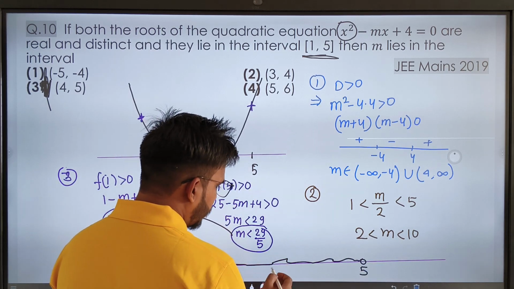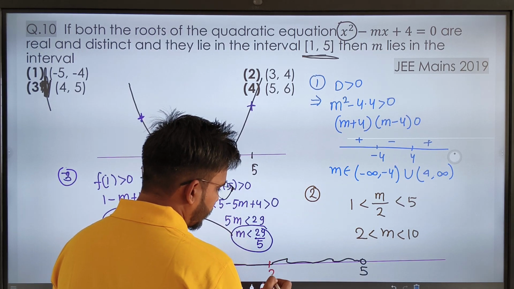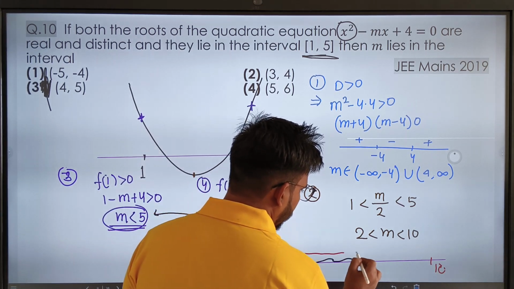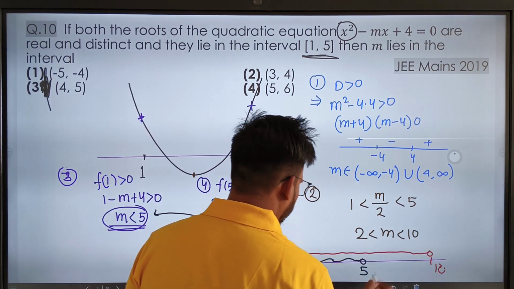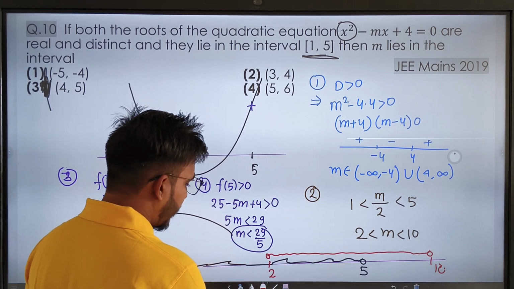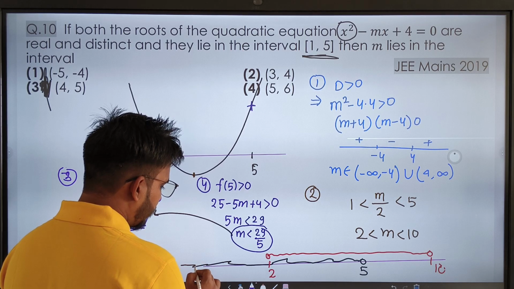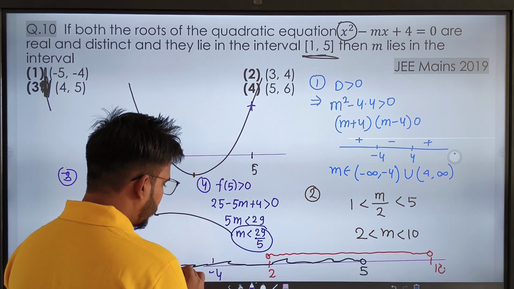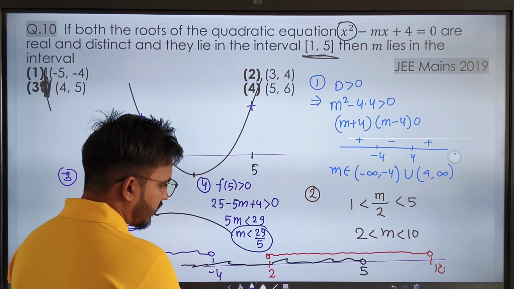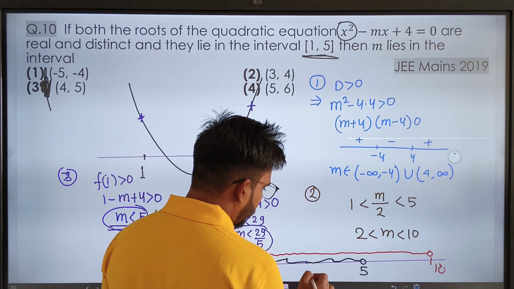So 2 is somewhere here and 10 somewhere here, and both are excluded. And this one is going to be minus infinity to minus 4, and second, 4 to infinity, so 4 is somewhere here.